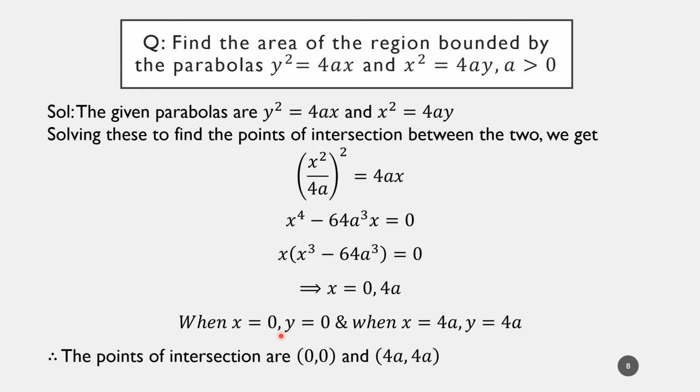So when x is 0, I can substitute this in either of the two. So when x is 0, y is 0, and when x is equal to 4a, this also gives us y equal to 4a. So the 2 points of intersection here are (0, 0) and (4a, 4a).